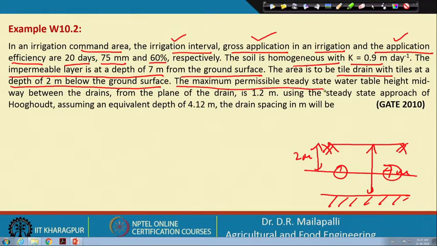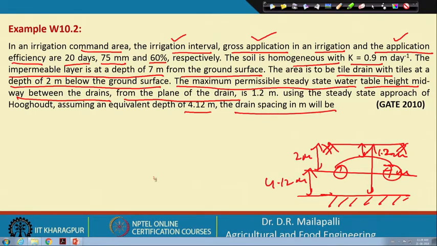The maximum permissible steady state water table height midway between the drains, from the plane of the drain, is 1.2 meter. Using the steady state approach of Hooghoudt, assuming an equivalent depth of 4.12 meter, what would be the drain spacing?